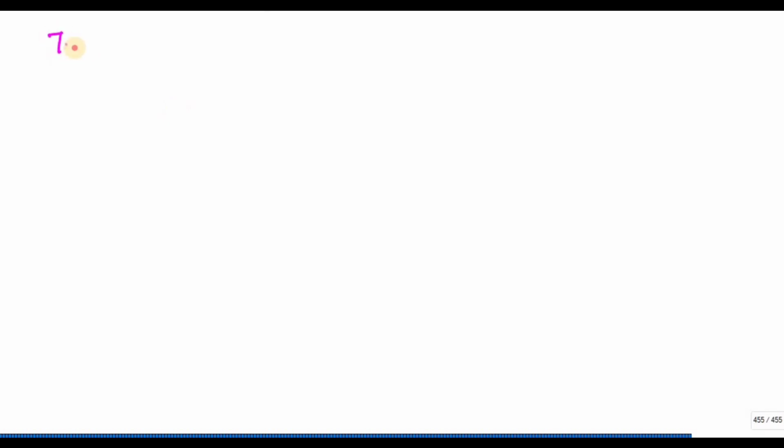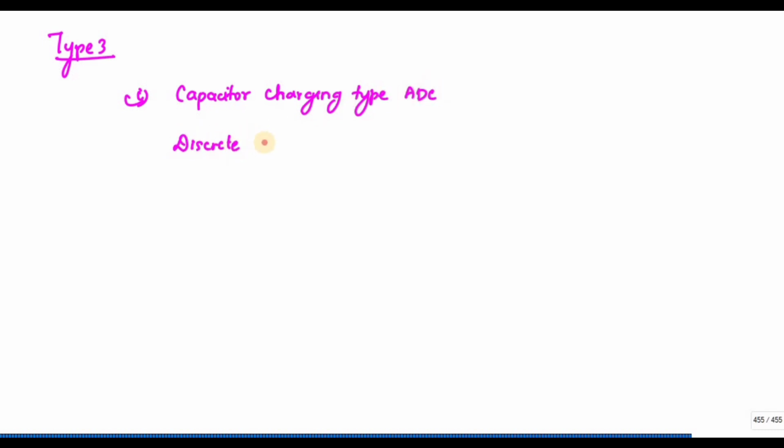Next one is type 3. The type 3 is also categorized into two types. One is capacitor charging type ADC, and the second one is discrete voltage comparison type ADC.